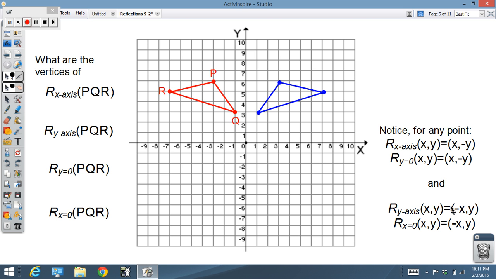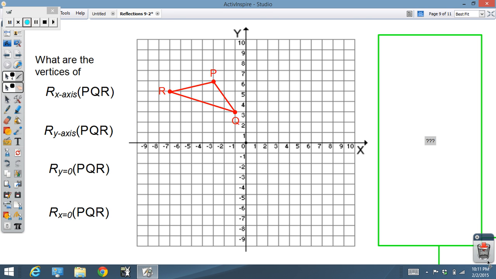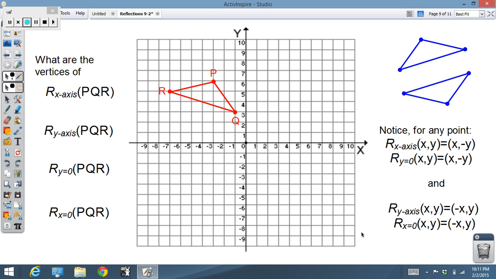All right, so we change the signs in a couple of these predictable ways. That happens on a reflection across the y-axis. That happens on a reflection across the x-axis. Nice little rule of thumb to always remember. Clear those off in case you want to pause it, look at them again, and make sure you understand.